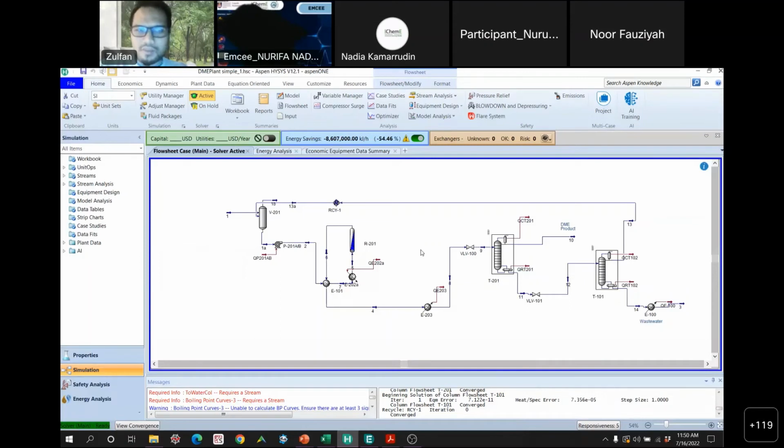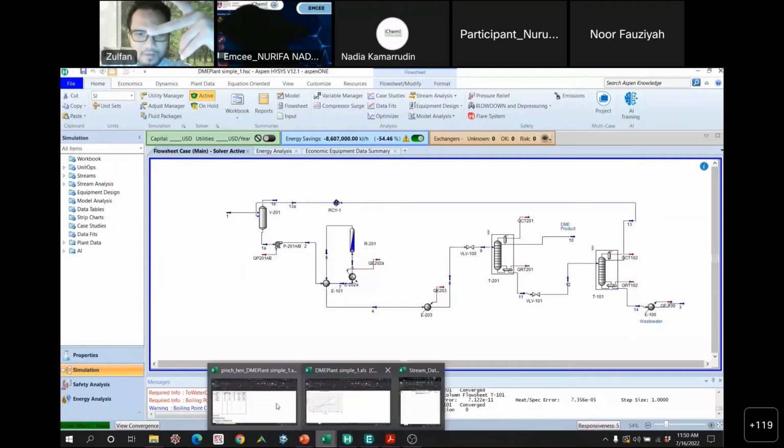Once you get the process mass and energy balance converged and correct, you can identify the streams and get the streams into one of these Excel files, which calculate the target for you. Then you calculate how much is the current or base case of energy consumption, the hot utility and the cold utility.